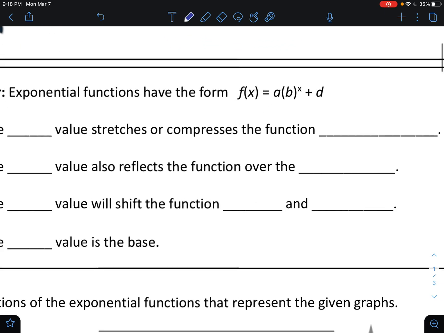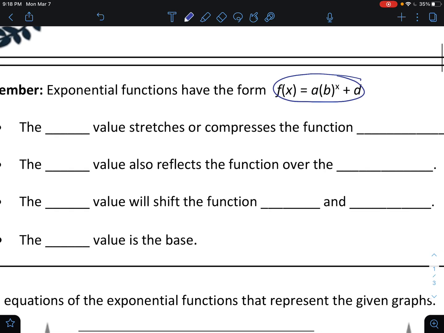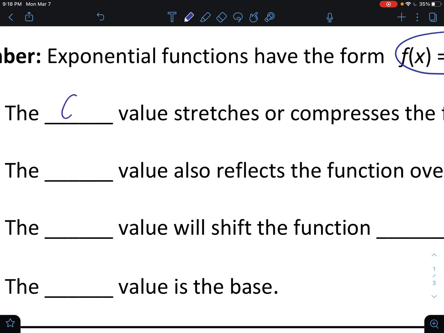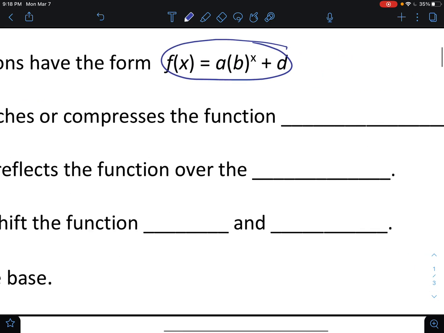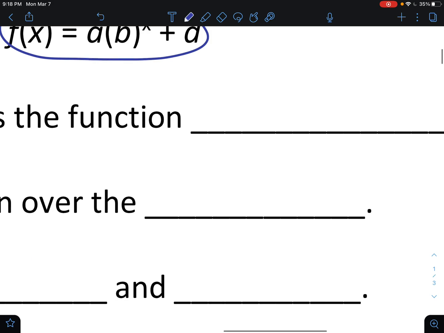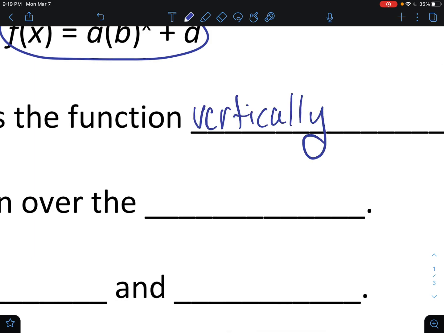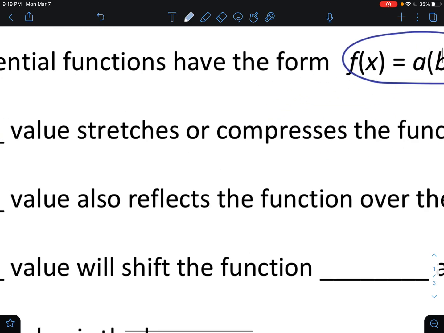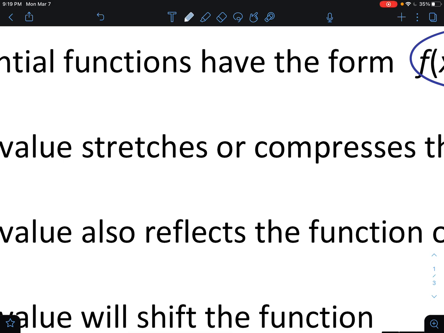When we write our functions, we're going to be using this form. So it's f of x equals a times b to the x plus d. Just a reminder on our transformations, so we're not forgetting. The a value stretches or compresses the function vertically. It's a good thing to remember that if it is a stretch, that means that it's a large number, so greater than 1.